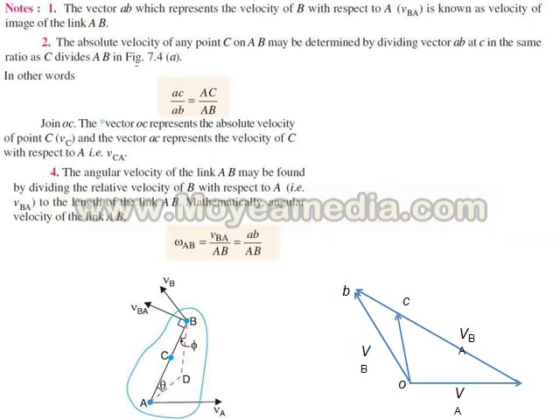In the same way, the angular velocity of AB is equal to the velocity of BA divided by the length AB. Similarly, we can draw the diagrams and find the relative velocity of each link.